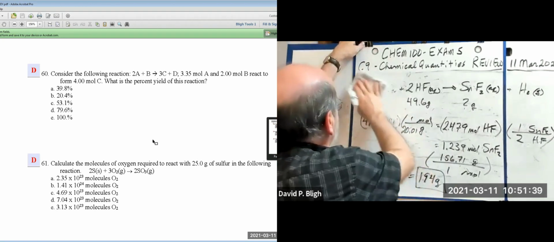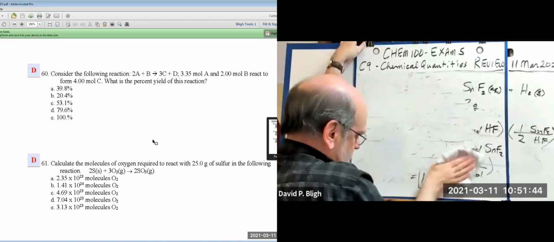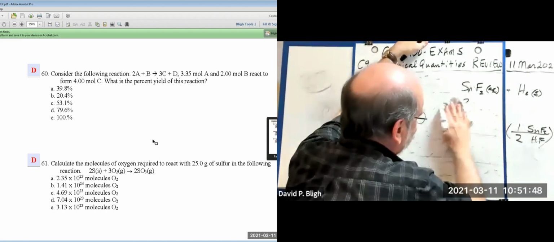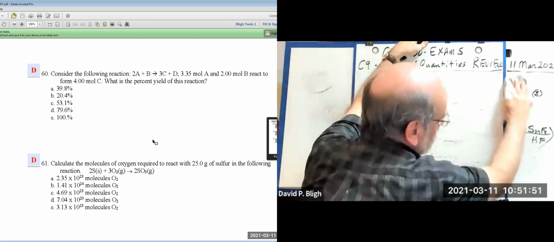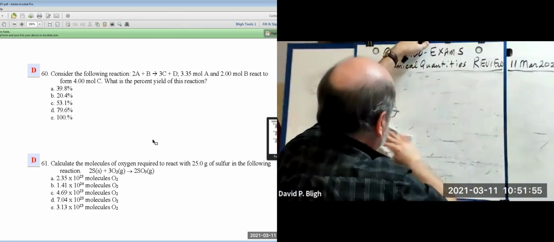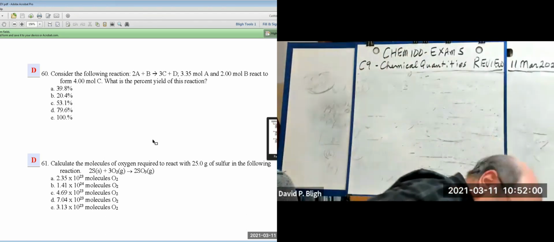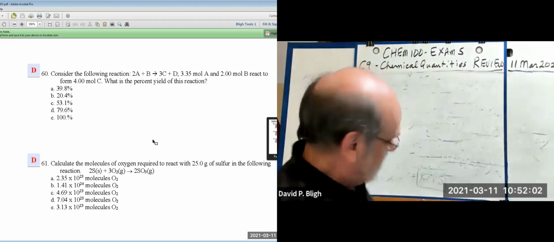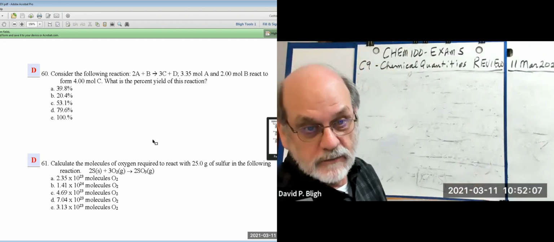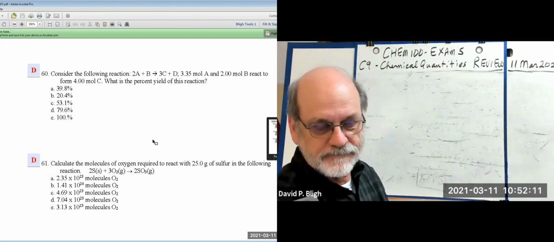Okay, I can do that. When we're using ABCs instead of actual compounds and elements, sometimes you have to make some assumptions. Well, what do they mean? Do they mean that A is an element or A is any compound? Don't know. You just have to assume that it doesn't matter.